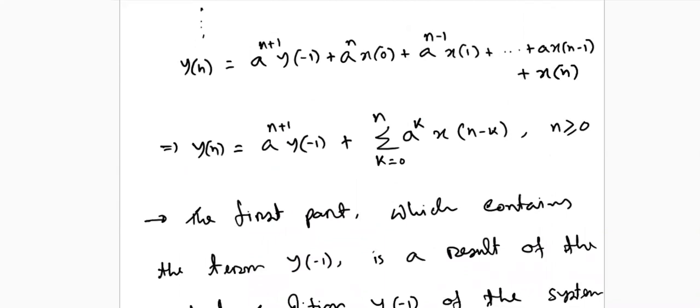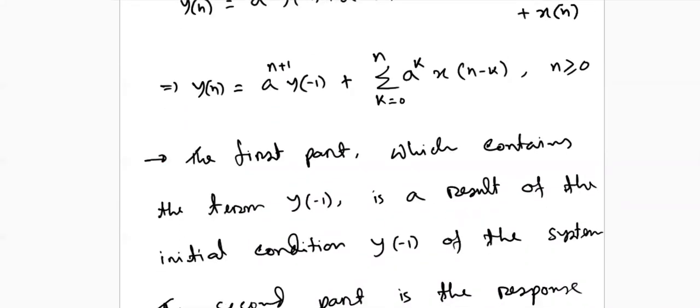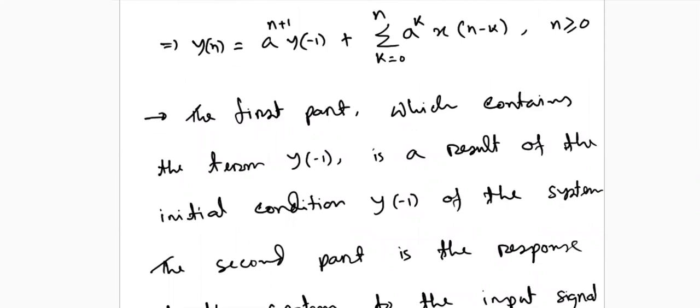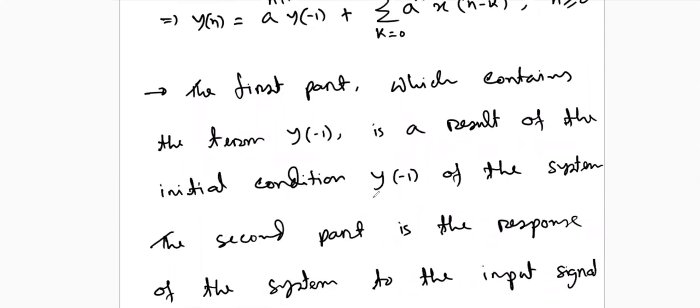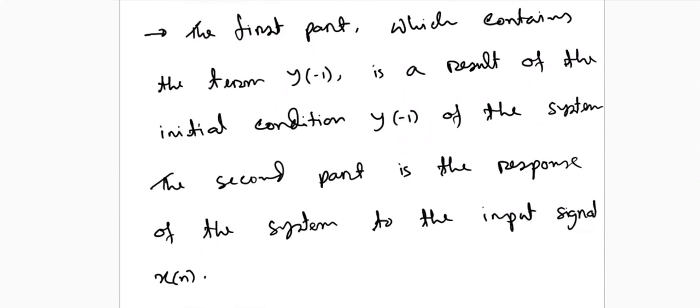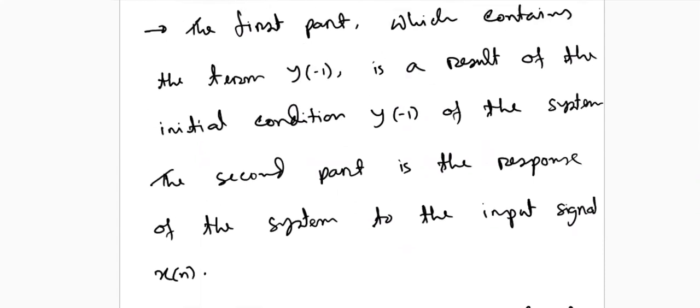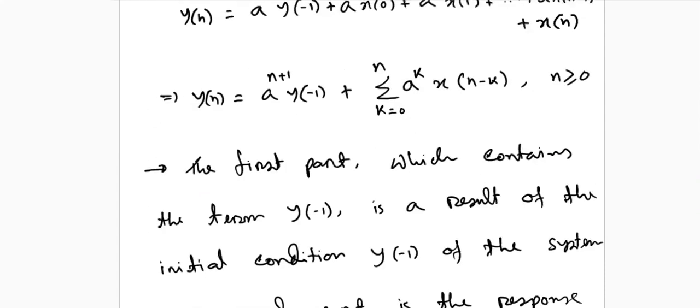This first part contains the term y(-1), we have already mentioned, is a result of the initial condition y(-1) of the system. The second part is the response of the system to the input signal x(n). So there are 2 terms, initial condition, and the other part from the inputs.